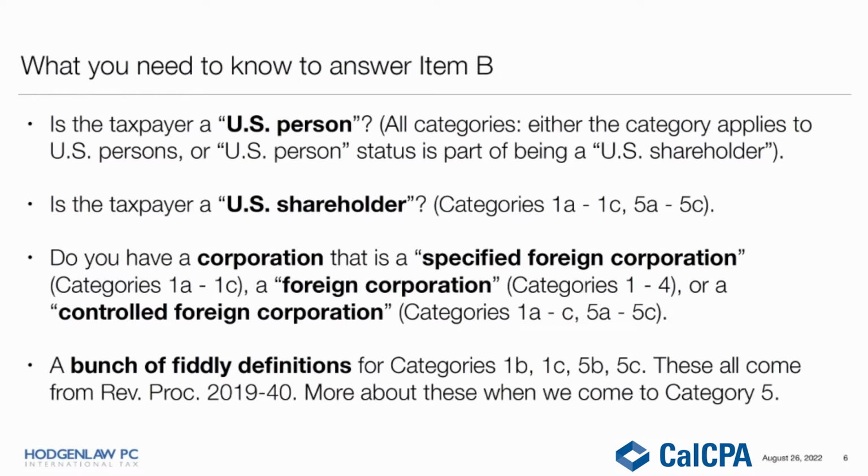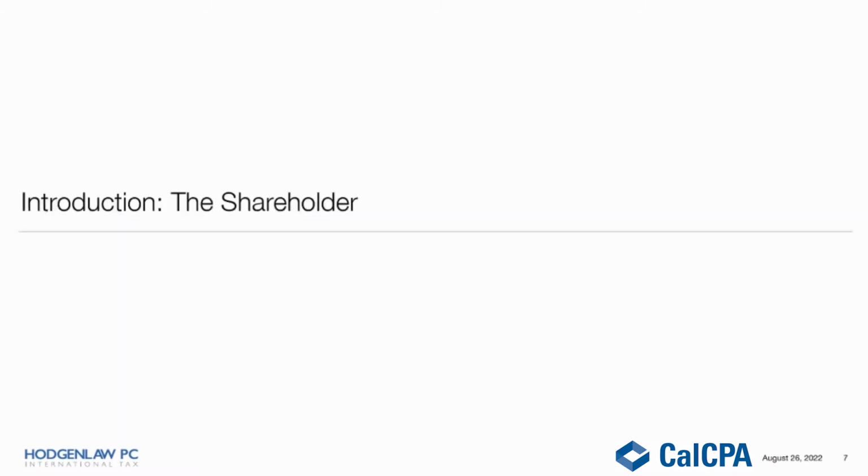Anyway, so we have these defined terms: U.S. person, U.S. shareholder. What's a corporation? What's a specified corporation? What's a foreign corporation? What's a controlled foreign corporation? And some other little fiddly details that are spawned by Rev. Proc. 2019-40. And you're going to have to really understand those well in order to understand which box to check.